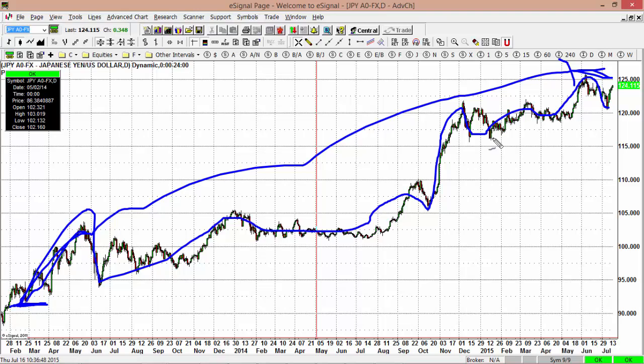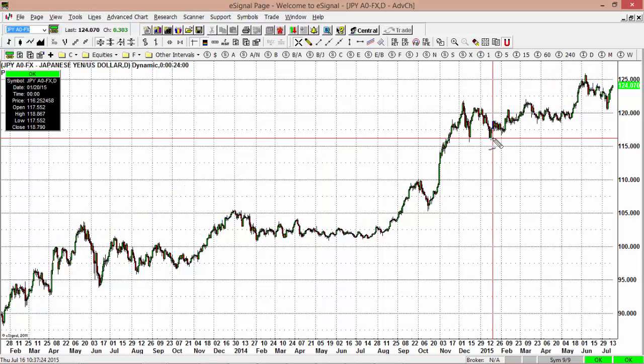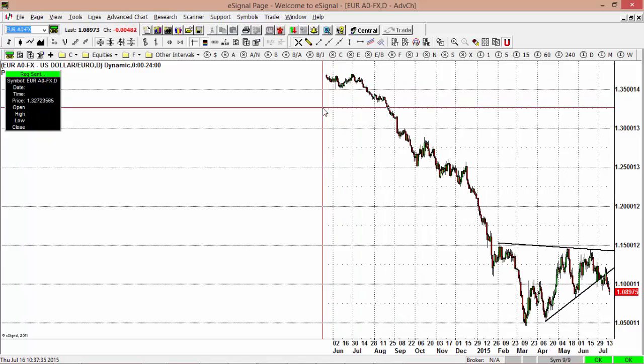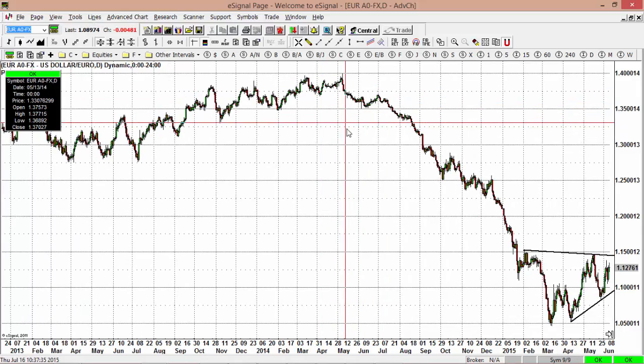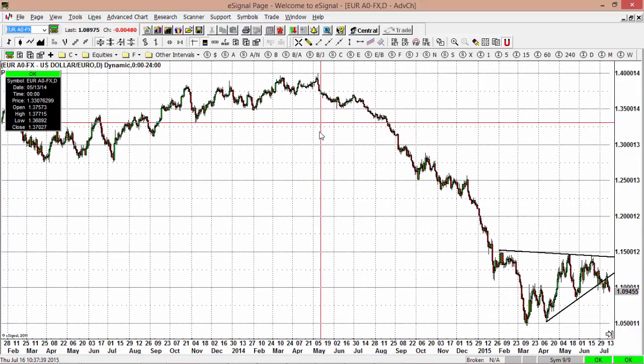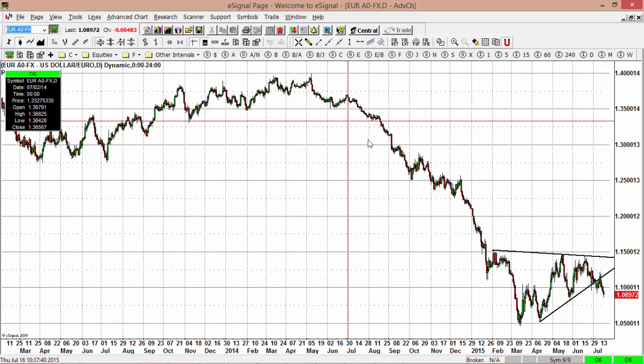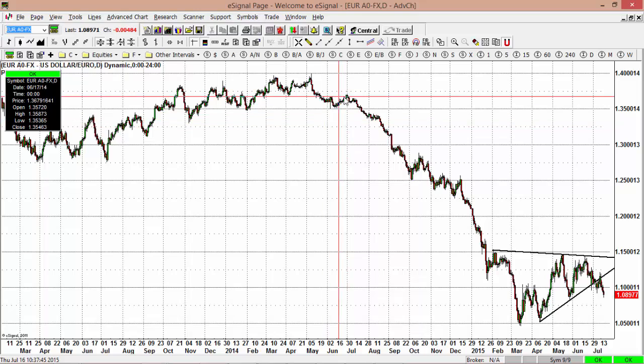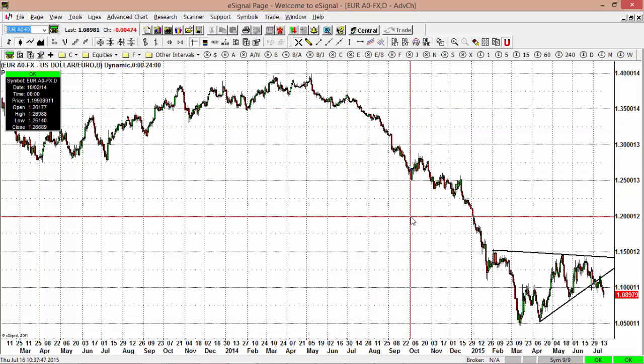So my rule for trading is that in an uptrend, I will be buying the market. In a downtrend, I would be looking to sell the market. For example, if we take a look at this chart of the daily of the euro versus USD, it's clearly in a downtrend. And in a downtrend, I'll be looking to sell the market.